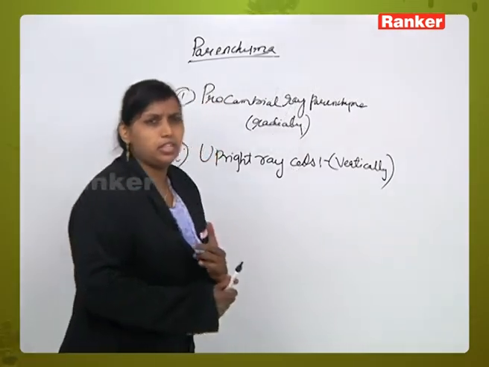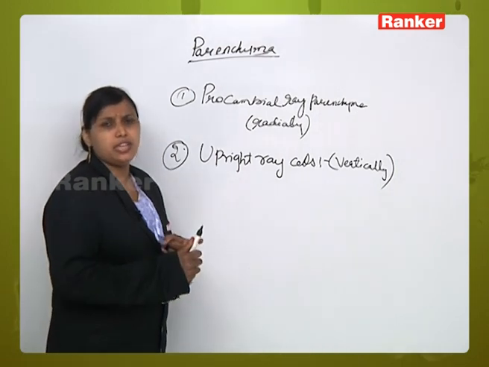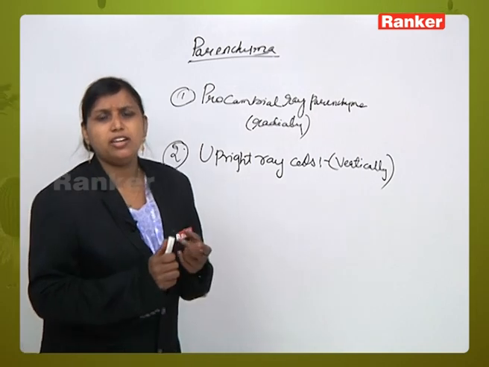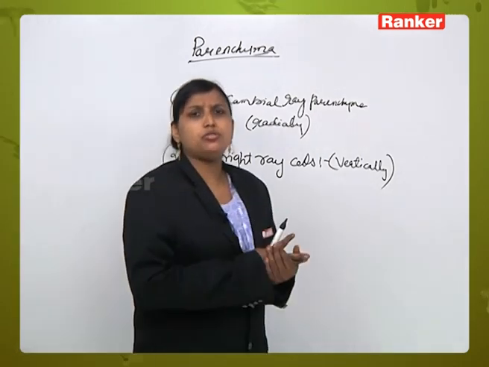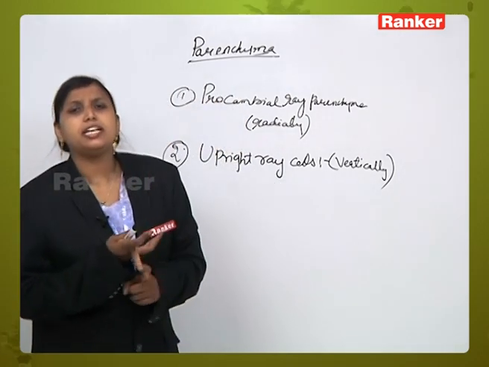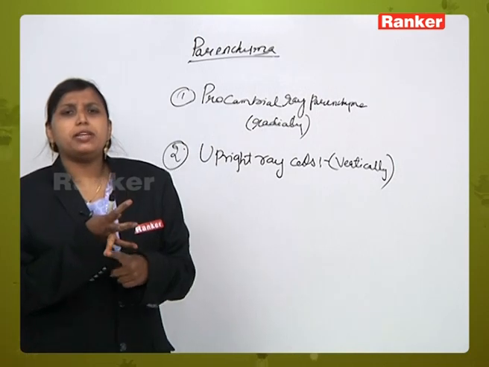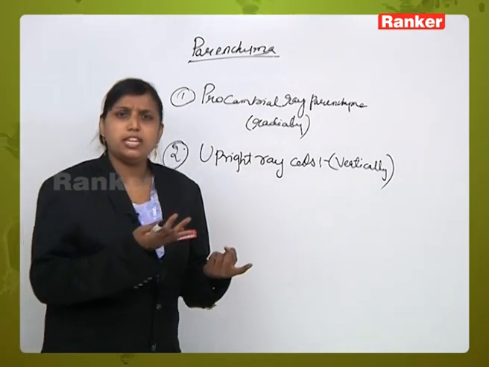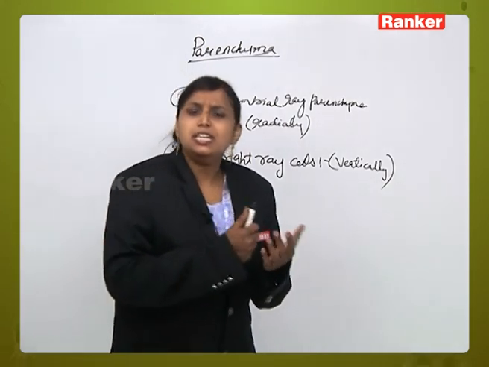So here we have studied xylem tissue and its importance. The function of xylem tissue is the conduction of water and organic solutes from root to the top of the plant. There are two types of xylem, primary and secondary. Xylem originating from the procambium or meristematic initial is primary xylem, and that originating from the lateral meristem is secondary xylem.